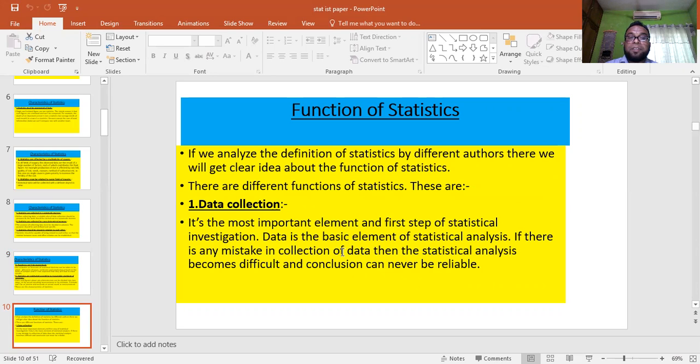If there is any mistake in the collection of data, then the statistical analysis becomes difficult and the conclusion can never be reliable. So data collection is the first and foremost duty of statistics. If there is any mistake or wrong idea about data, then the whole analysis is wrong.